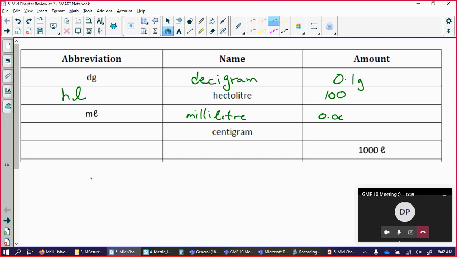And this one should be liters. Centigram, I like to go that way first. A centimeter is 0.01 of a meter, so a centigram is 0.01 of a gram. 1,000 liters, 1,000 is a kilo, or KL. So filling in that chart as best we can. That's the idea there. So far so good, I hope.